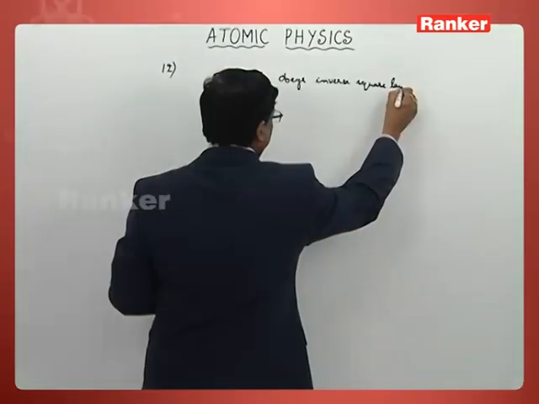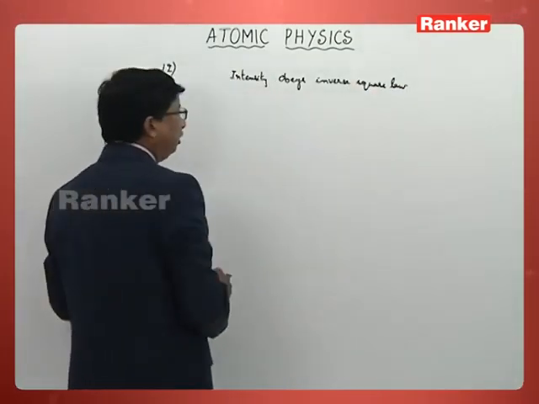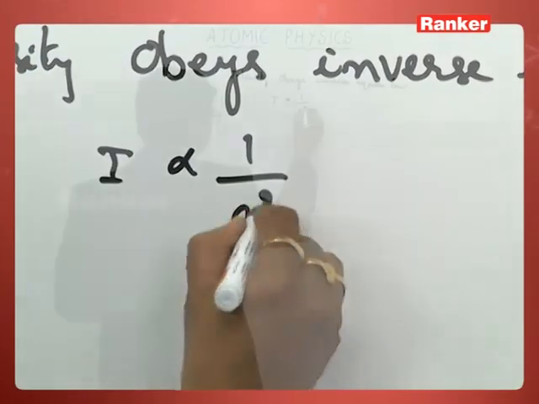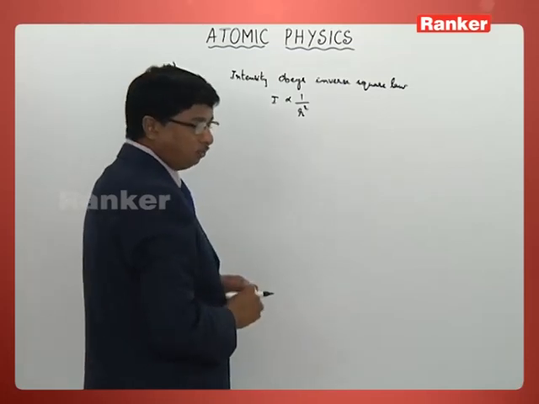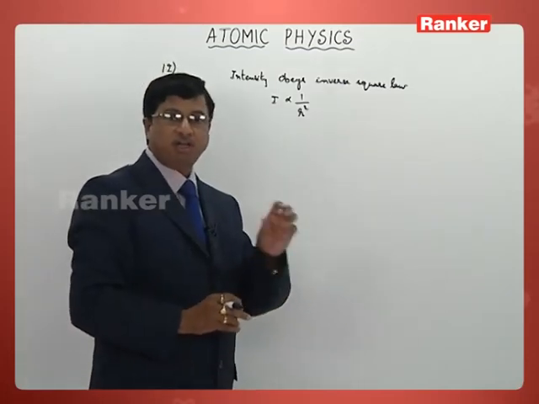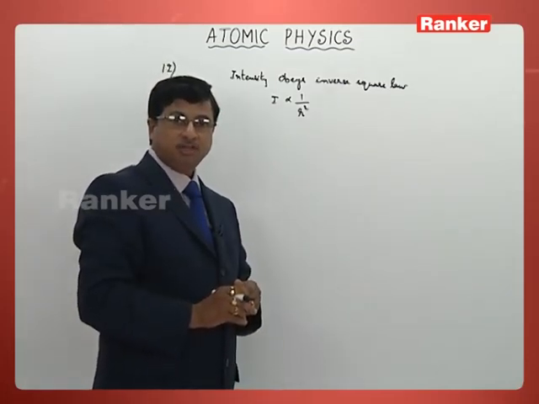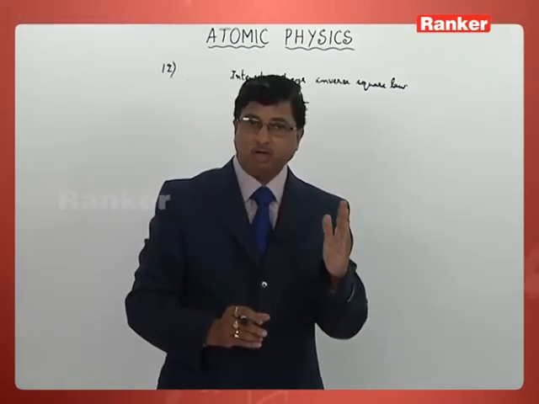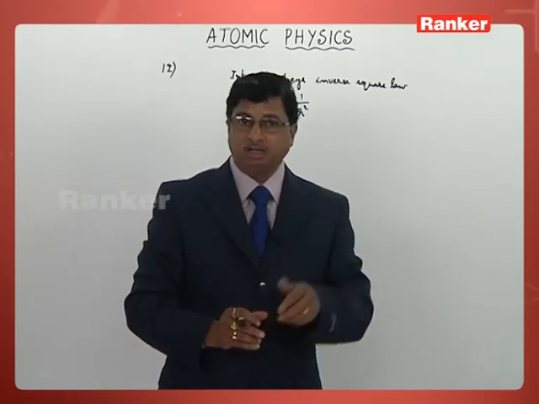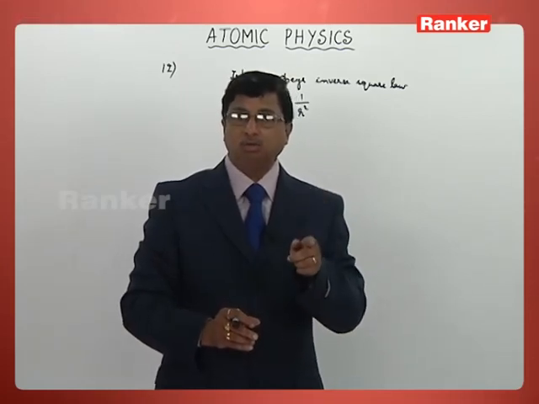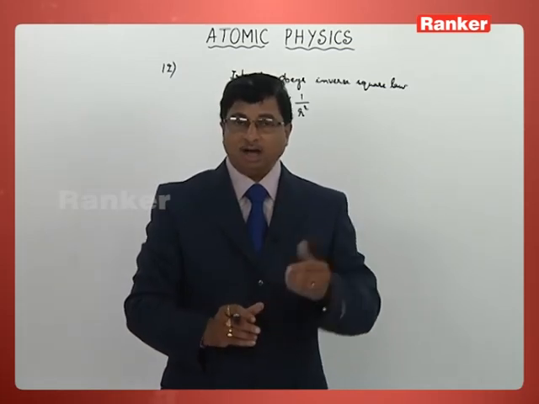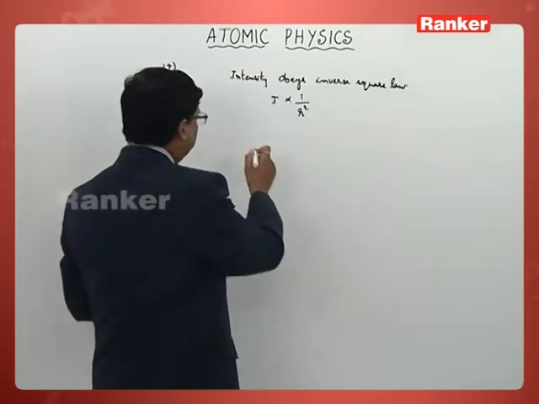You all can understand what this inverse square law is: intensity is inversely proportional to the square of the distance from the source. The intensity of light incident on this photocathode or photocell now obeys the inverse square law. First point.